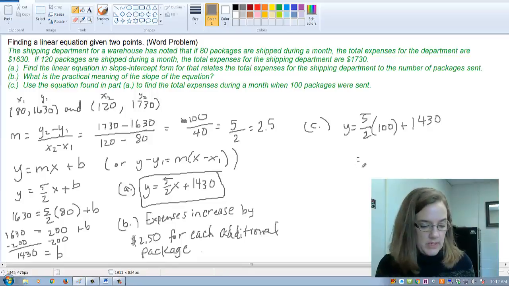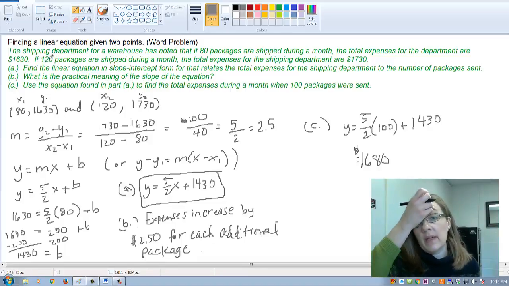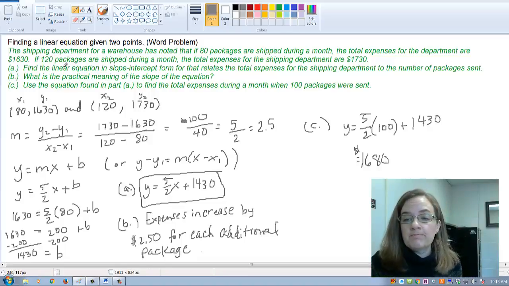Okay, so this would be $1,680. Very close to the other ones, we had the 80 and we had that, so not too bad. So that's my answer to these three. Thanks.